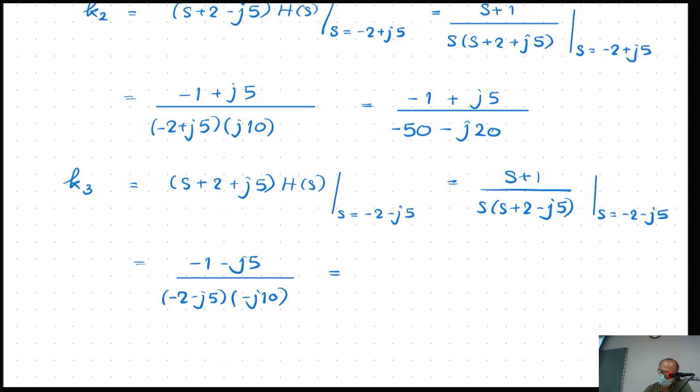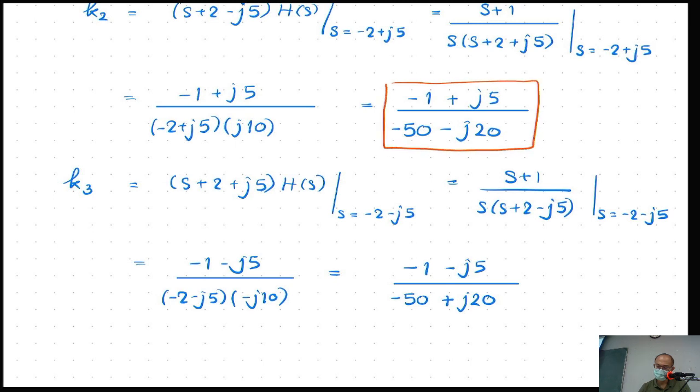Okay, and we have minus 1 minus j5 over minus 50 plus j20. Now, look closely at these two terms here. What do you see?